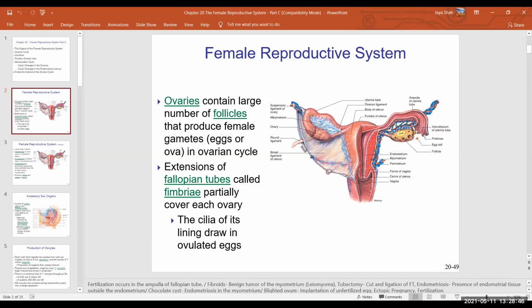Endometriosis is another terminology. This is not in the note, but you're going to be asked in the exam. So endometriosis: which layer of the uterus is the endometrium? Middle, outer, or inner? Inner. So this endometrial tissue is found only inside the inner layer of the uterus wall.